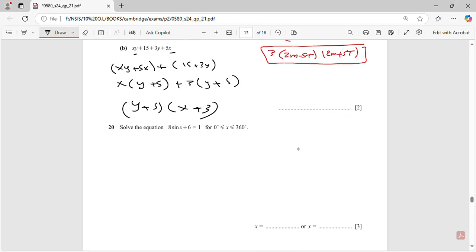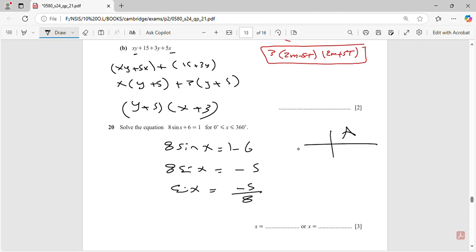Solve the equation, of course, for this value. So he asked me how I can solve the equation for this value. It will be 8 sine x equals 1 minus 6. So 8 sine x equals negative 5. So sine x equals negative 5 over 8. Now I have to look at something important. When sine is negative, according to the ASTC rule, sine is negative in the third and the fourth quadrants.